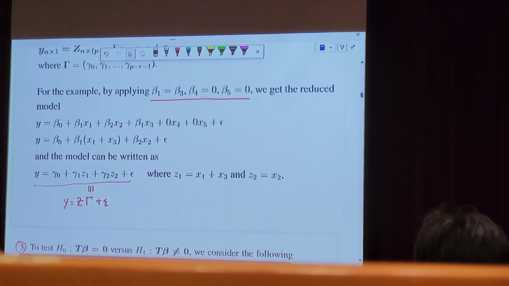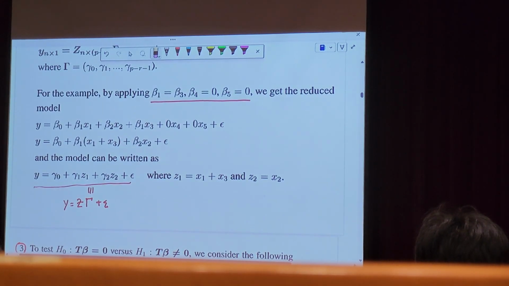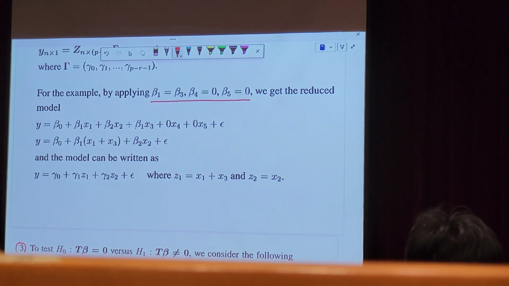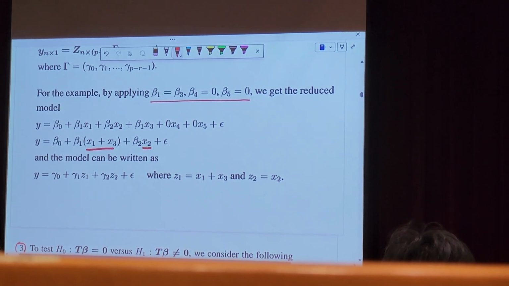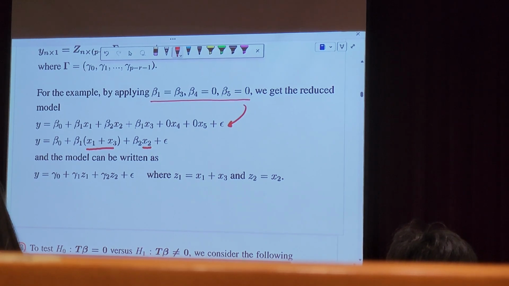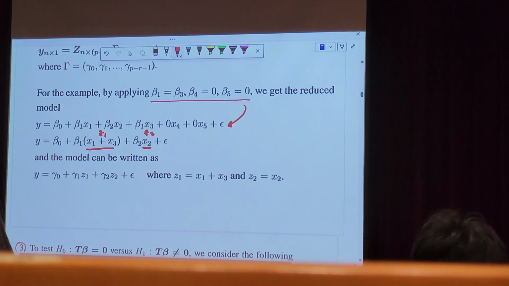In case you do not understand, let me just say one more time. This is Z1, this is Z2. After we apply this condition to the full model, we get a reduced model. So I have to calculate Z1 and Z2 before I can use the model, right?